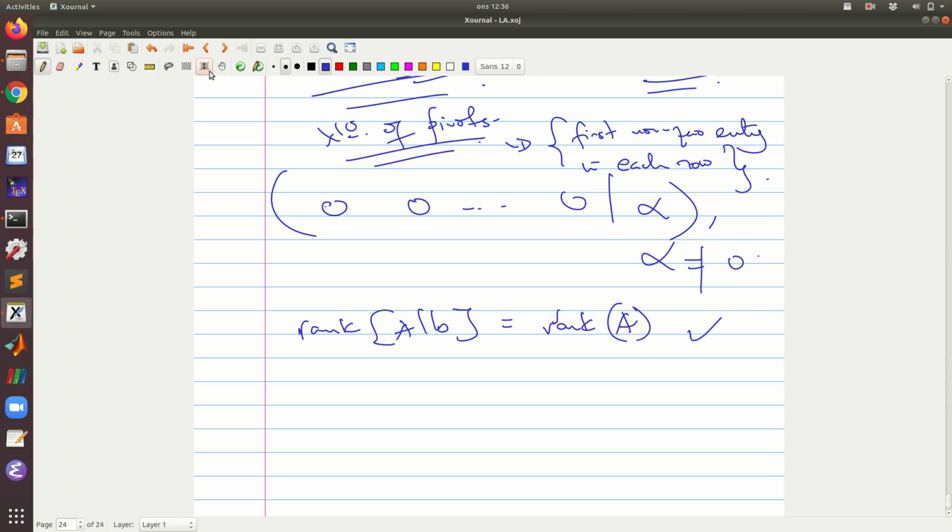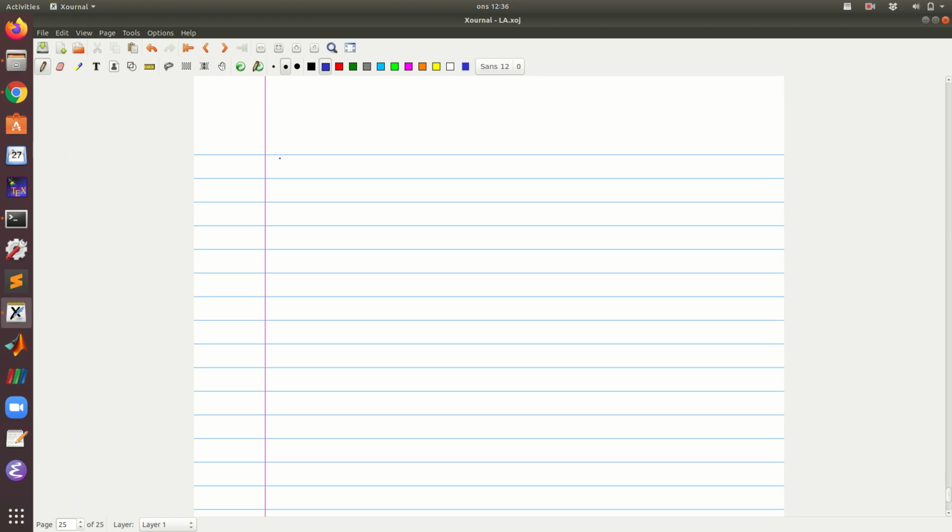So next, let us look at a simple example here. We'd like to determine if the following system is consistent. So please allow me to, for time's sake, just write down the augmented system.